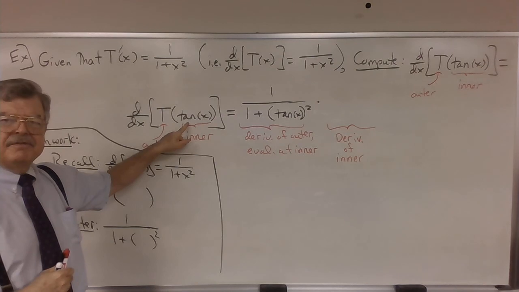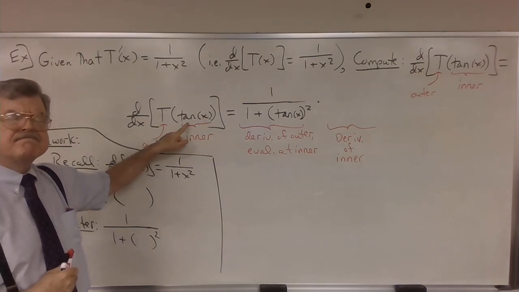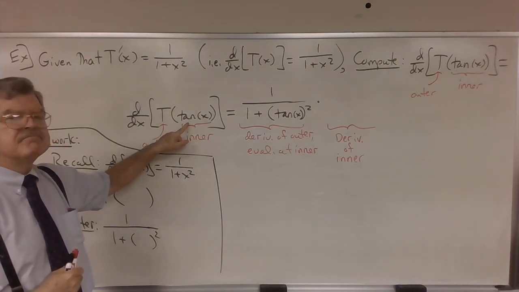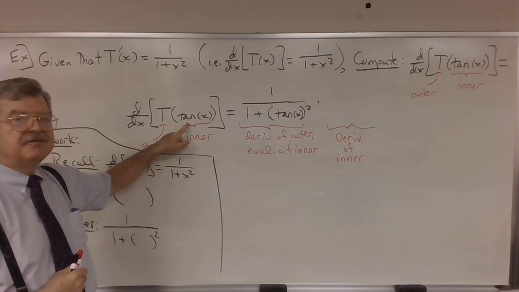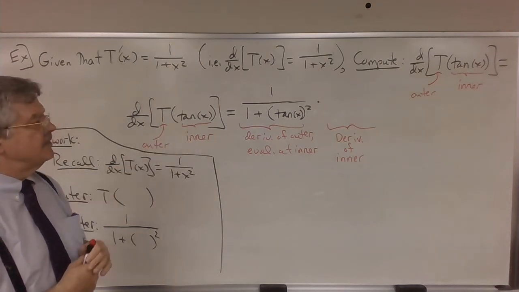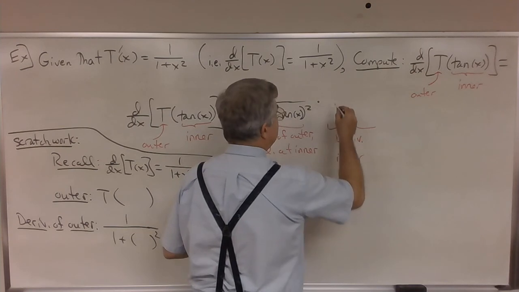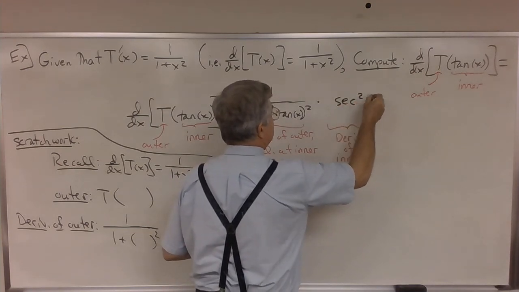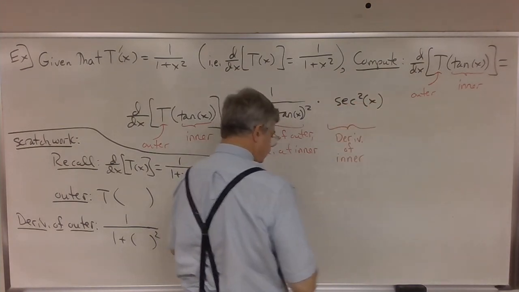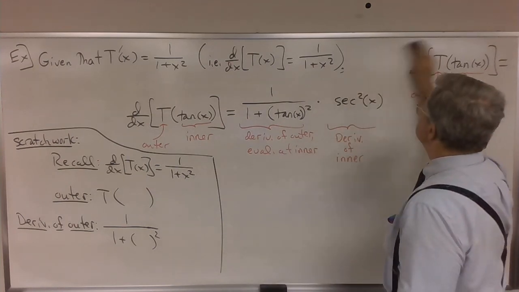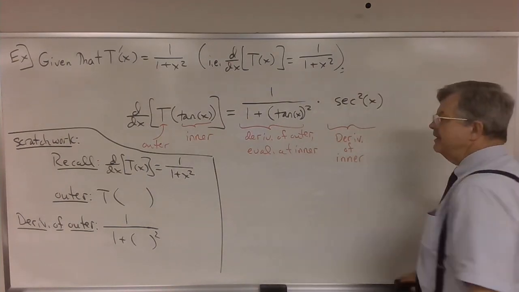What's the derivative of tangent of x? Secant squared of x. So, secant squared of x. And that is our derivative.